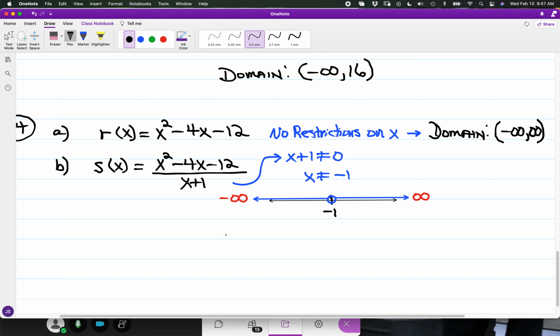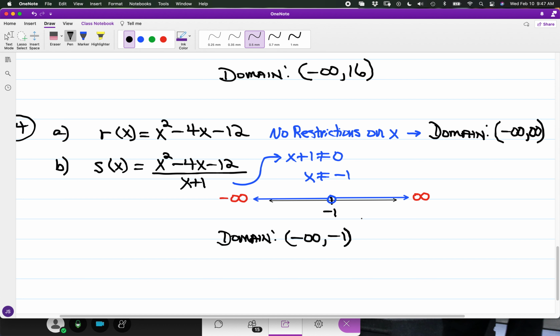And so for the domain, you have going from negative infinity, approaching but not including negative 1. Negative 1 is going to be in the parenthesis. So this will be for those values of x less than negative 1.